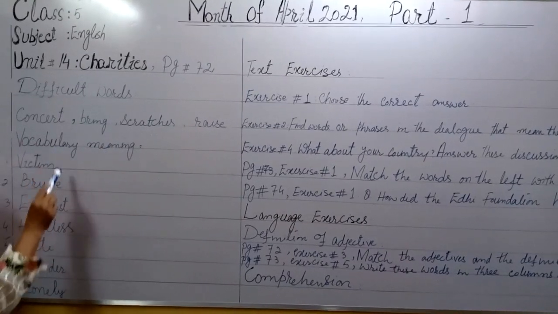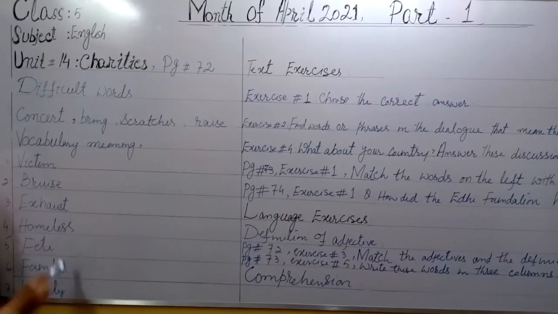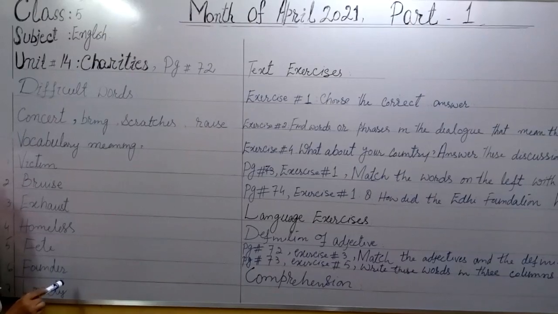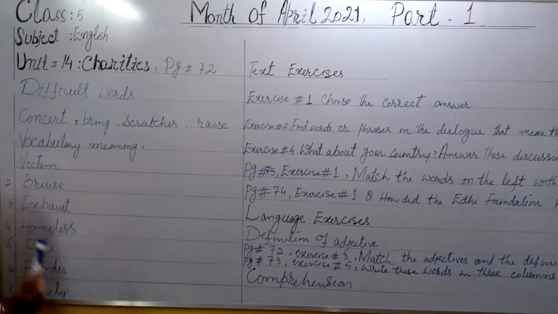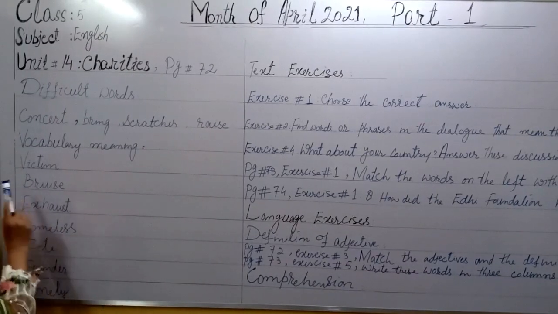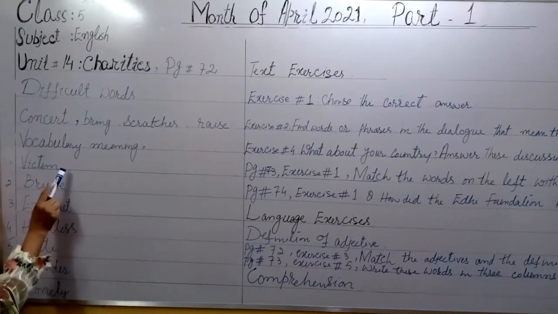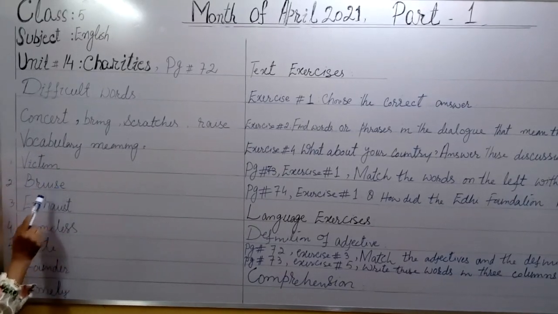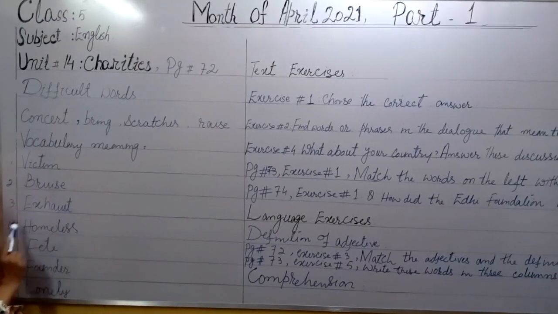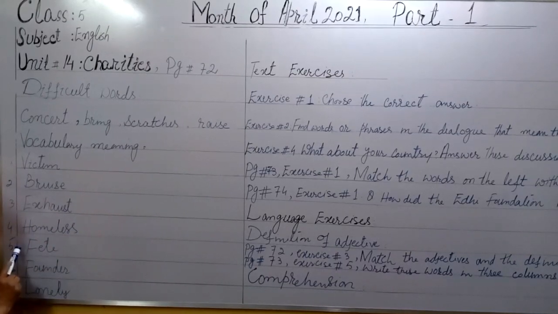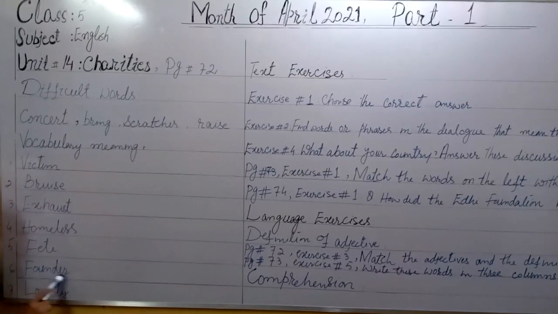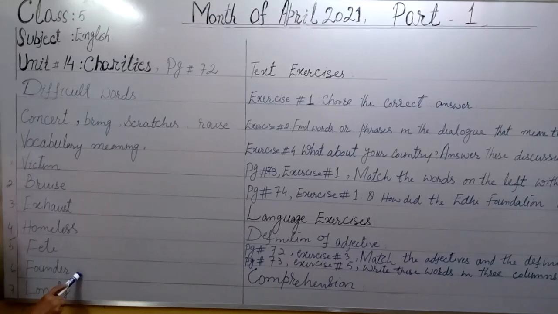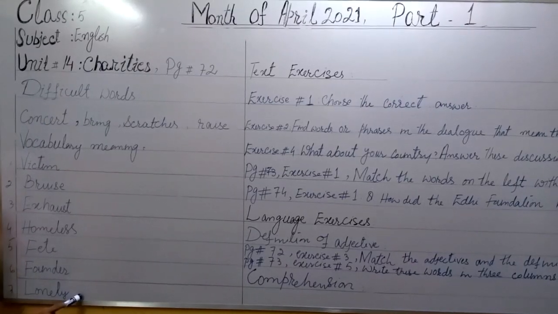Here I have written vocabularies, and the meanings of these vocabularies are given in the PDF. These vocabularies are victim, bruise, exhaust, homeless, fat, founder, and lonely.